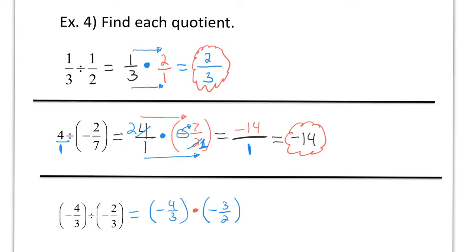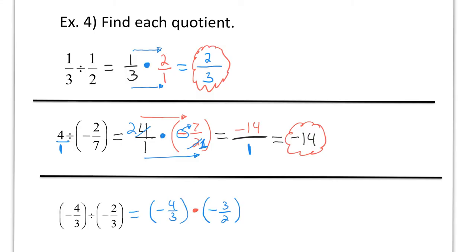If you have an odd number of negatives, so 1 negative or 3 negatives or 5, 7, 9, those are odd, then your answer will be negative. Right now I have an even number, 2 negatives. I'm multiplying negative times a negative. That's going to be positive. So right away I know my answer will be positive, but I'm going to cross simplify.